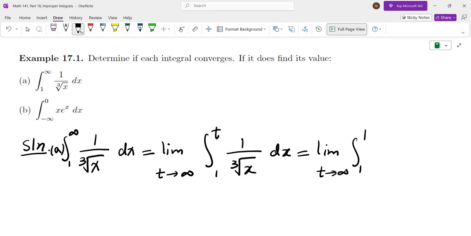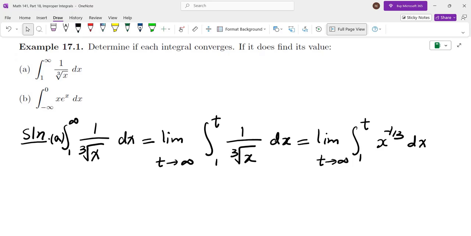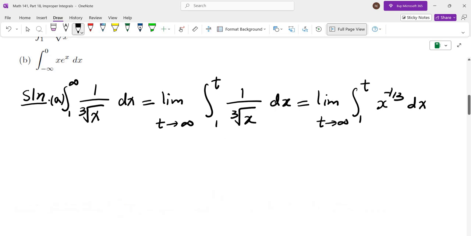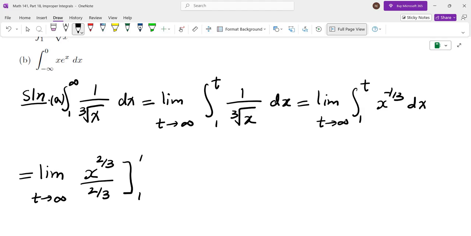Now the integrand is x to the power of negative 1/3 dx. So we're going to have to evaluate this integral by the power rule. We get the limit as t approaches infinity, x to the power of 2/3 divided by 2/3, and then we have to evaluate this from 1 to t.